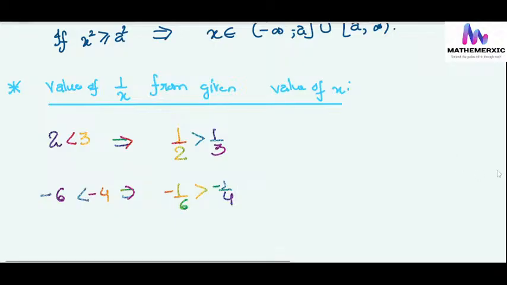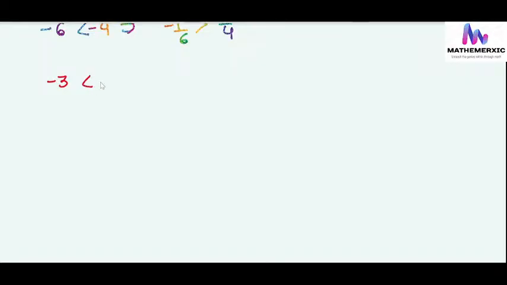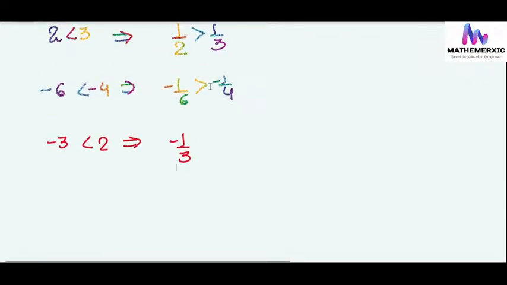So this we can see, and let us go further. -3 is less than 2, it implies that -1 by 3 is less than 1 by 2. Here it is negative, be very careful. Sign does not change, why?